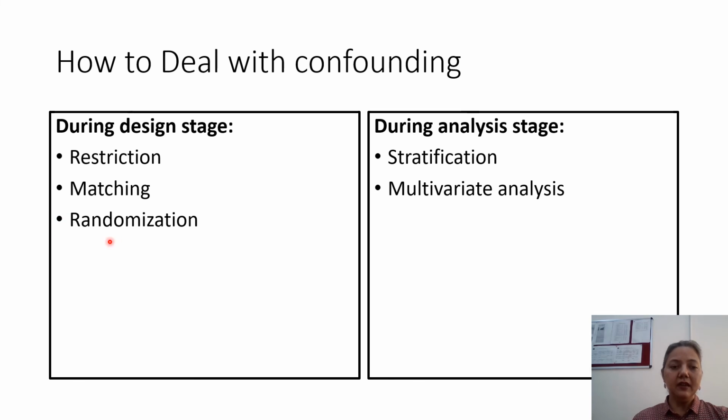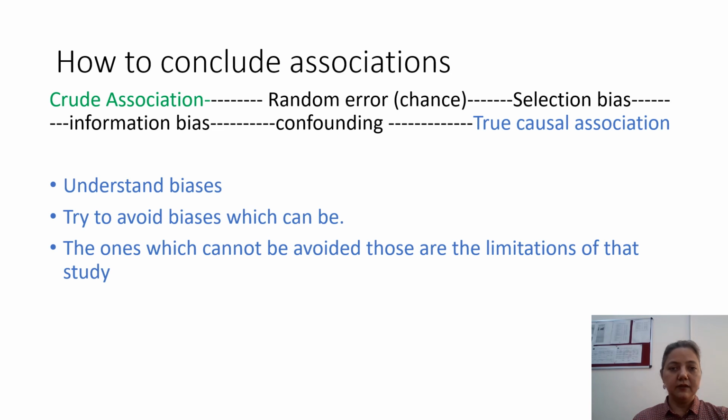Then there can be randomization, which is usually done in experimental studies. During the analysis stage, we can deal with confounding by using stratification and by doing various types of multivariate analysis, which can be regression analysis, either linear or logistic regression analysis. So this is how you can deal with it.